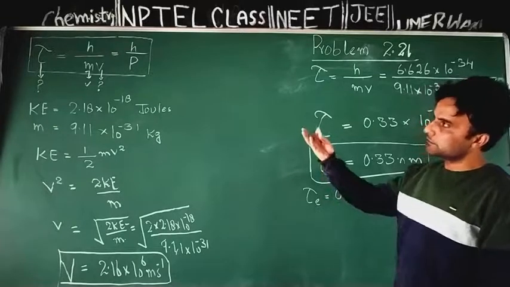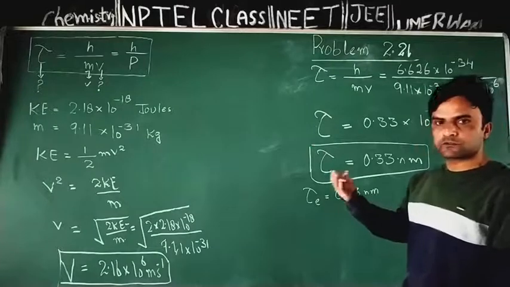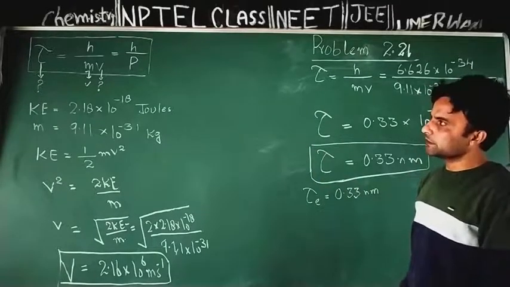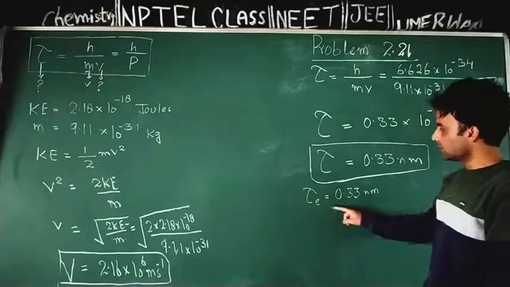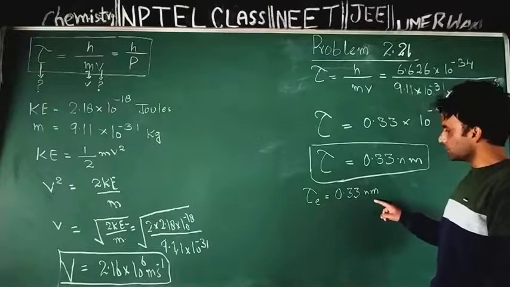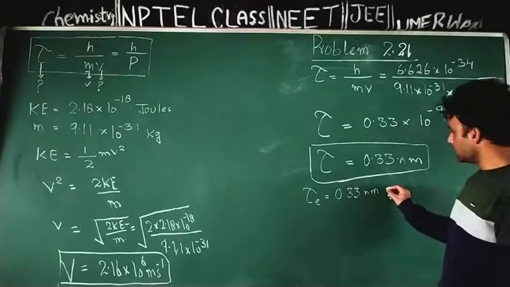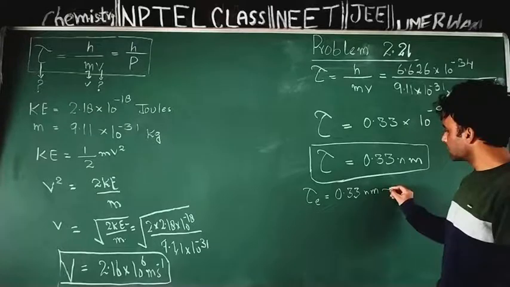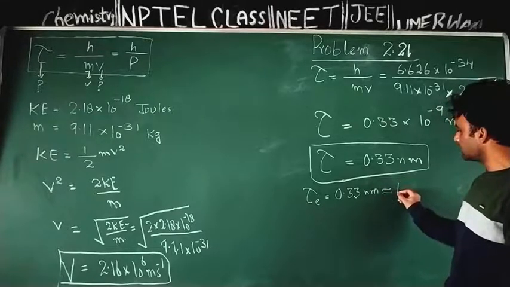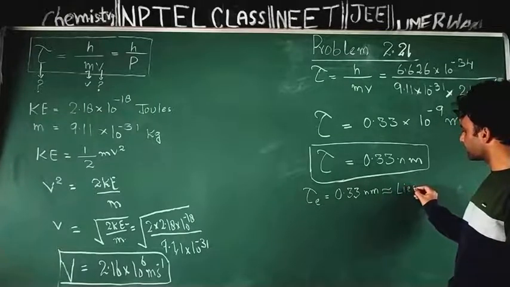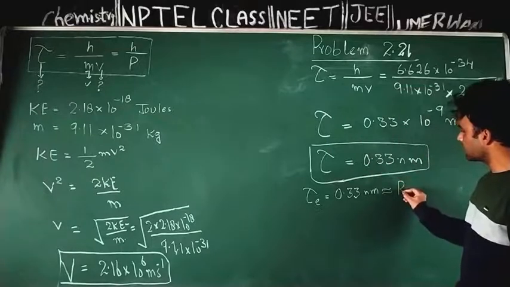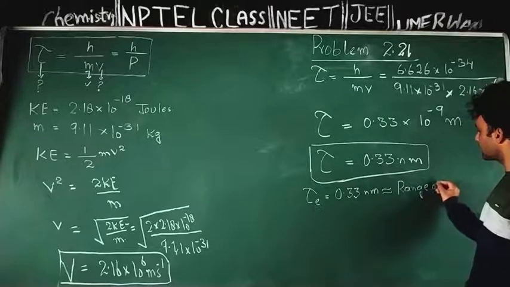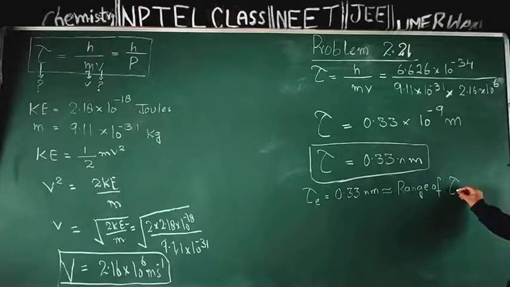If mass of electron is 9.11 into 10 raised to power minus 31, which is true for electron, and if it moves with kinetic energy 2.18 into 10 raised to power minus 18 joules, or else I can say if it moves with velocity 2.16 into 10 raised to power 6 meter per second, then the matter wave associated with this moving electron has wavelength equal to 0.33 nanometer, and it lies in the range of wavelength of X-rays.